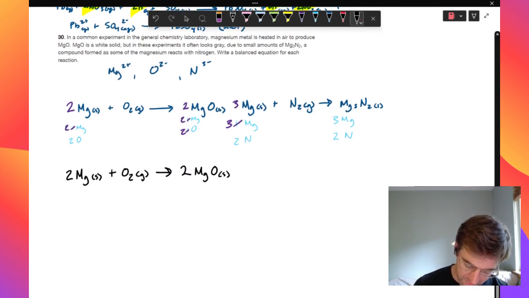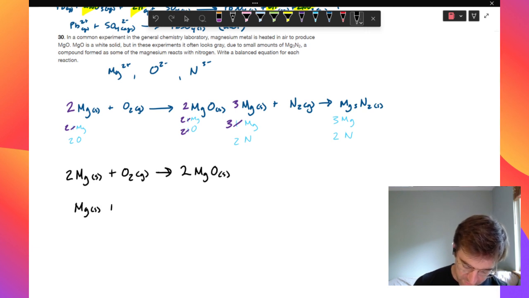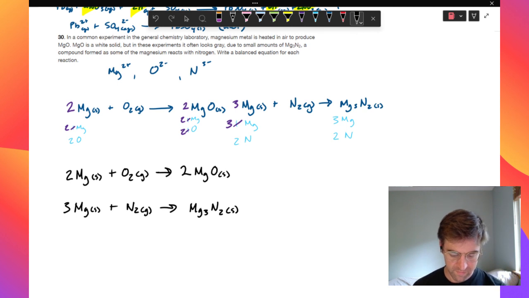And there's our magnesium oxide balanced equation, and then we have our magnesium nitride balanced equation. Cool. And that's our worksheet.